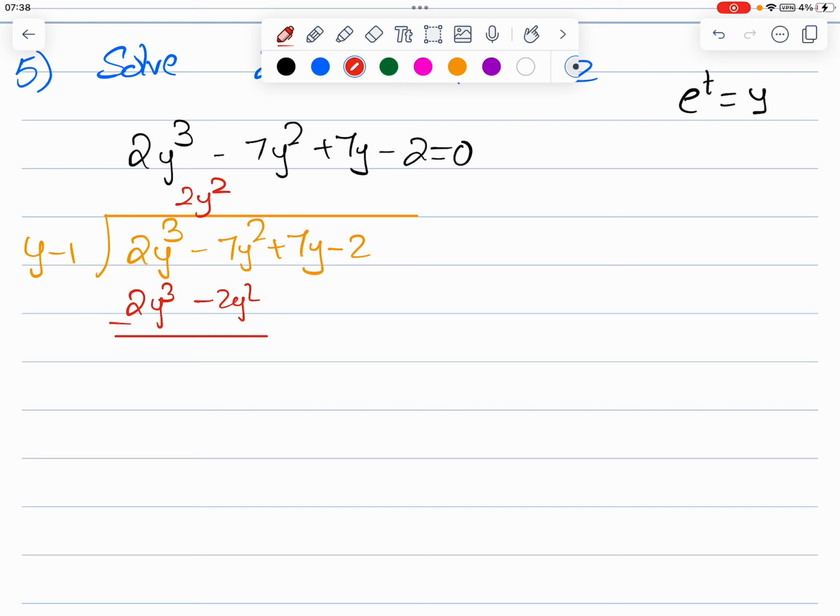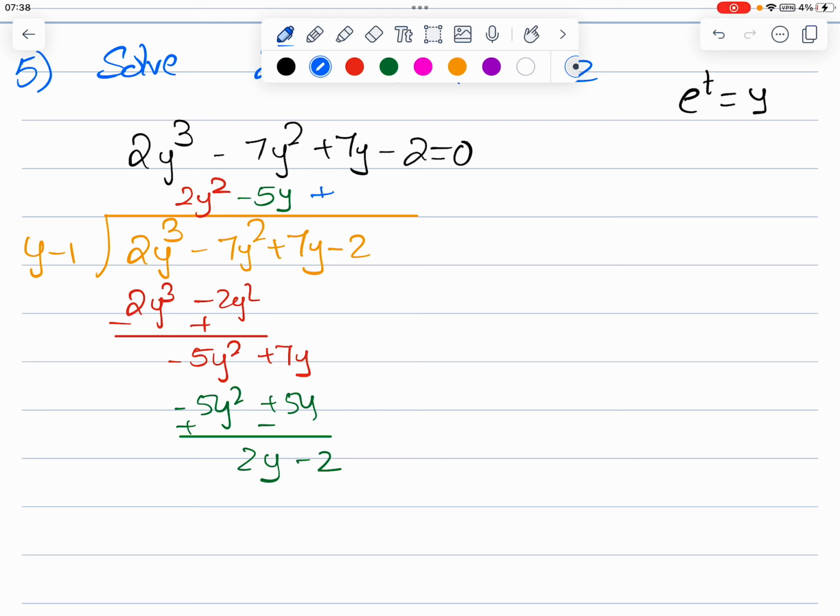Then it becomes −5y² + 7y. Then y should be multiplied with −5y, so −5y² + 5y. So it becomes 2y − 2. Then again y should be multiplied with 2 to get 2y − 2.